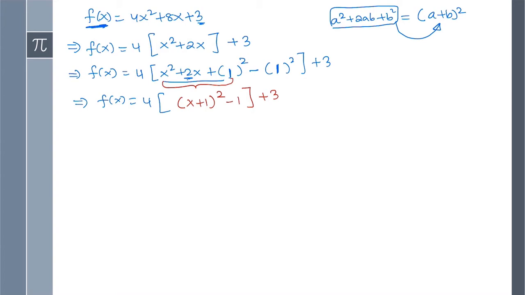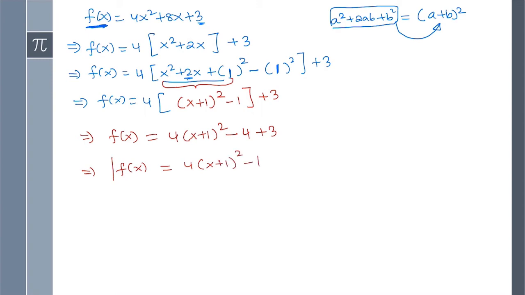Now we just distribute that 4. So you get f of x equals 4 times (x plus 1) squared, minus, when you multiply by 4, you get 4, plus 3, and that gives us f of x equals 4 times (x plus 1) squared minus 1.